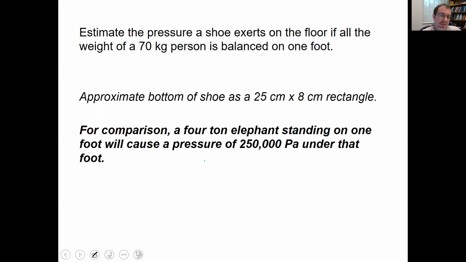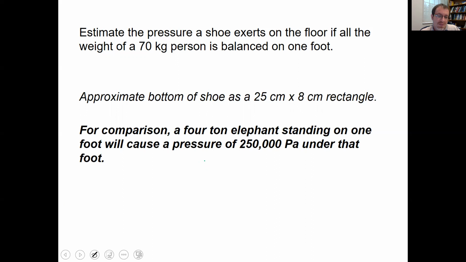It turns out that if a person is wearing heels instead of a tennis shoe, and they balance all their weight on the heel of that shoe, which is admittedly difficult to do, they end up with a pressure that's in excess of the pressure that this elephant exerts when it's standing on one foot.